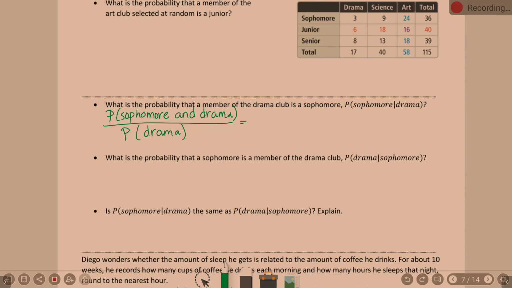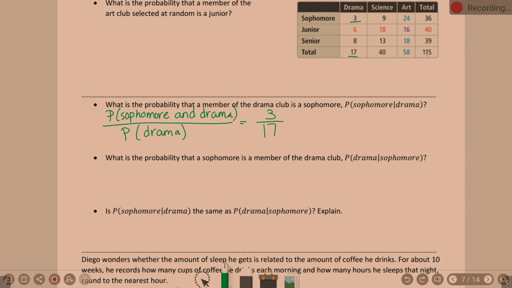As Patrick mentioned, probability of sophomore in drama. What do we have there? That was 3. Officially, it's 3 out of 115. Probability a student is a member of drama club. What is that? 17. And officially, I can say it's 17 out of 115.